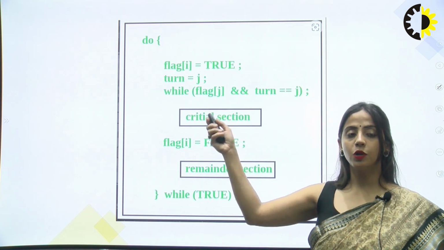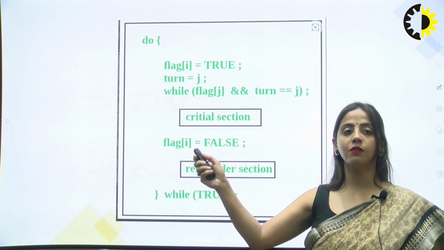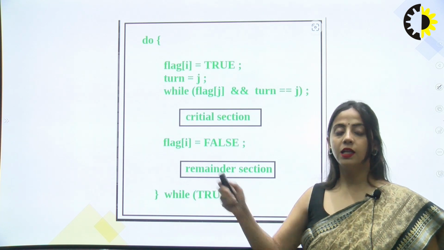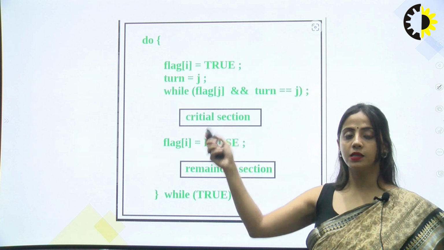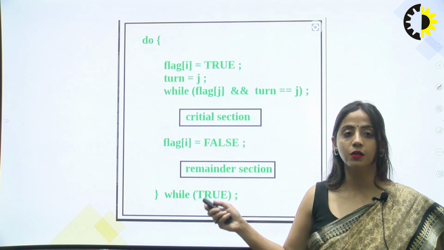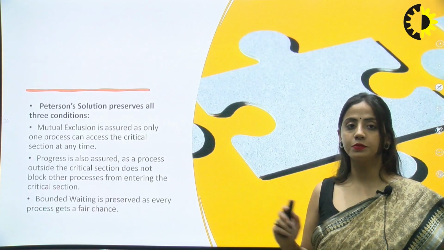Then when the process has entered the critical section and executed in it, the flag will be set to false. Then it will enter the remainder section, and this loop will keep continuing.